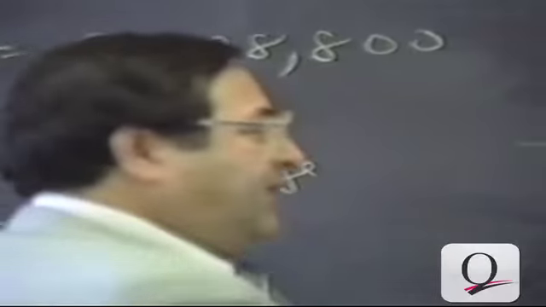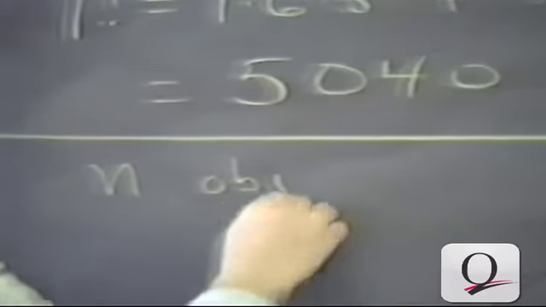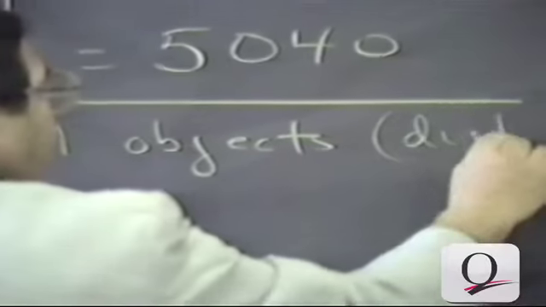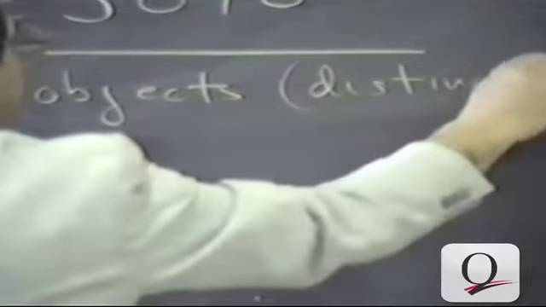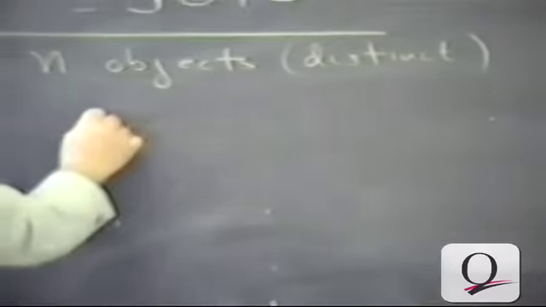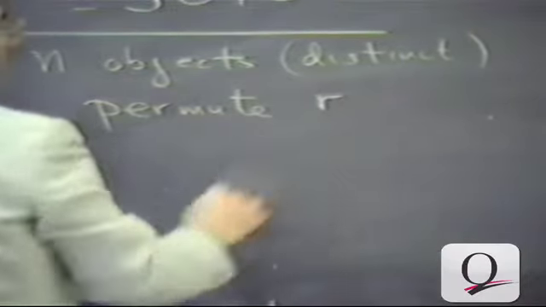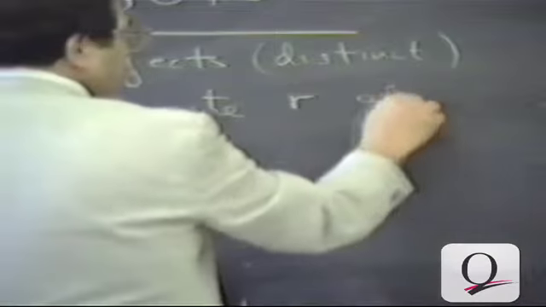In general, I could have n objects, and again, I'm assuming here they're distinct. And I want to permute r of these.